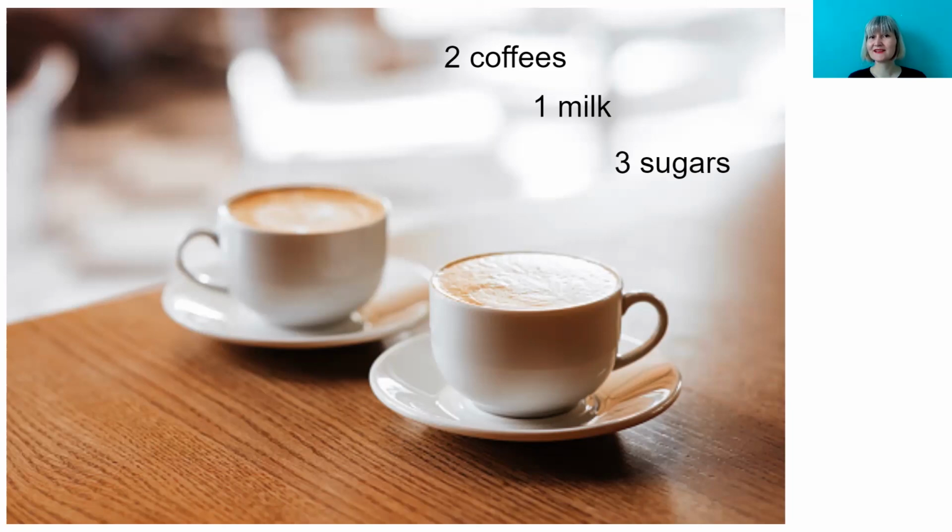Но на самом деле это, конечно же, допустимо, это теперь норма английского языка, но помните, что это больше исключение, чем правило. So this is more an exception than the rule. So we in reality mean 2 cups of coffee, 1 container, 1 tablespoon of milk, and 3 packets of sugar.